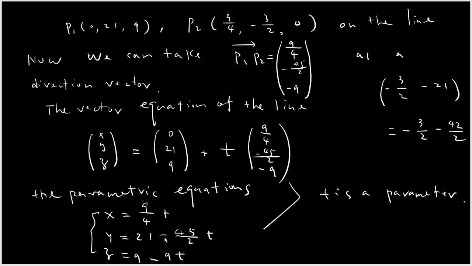Still, I want to remind you a little bit of the meaning of the parametric equations. The two ways are equivalent, so all we need is to understand the meaning of the parametric equations.